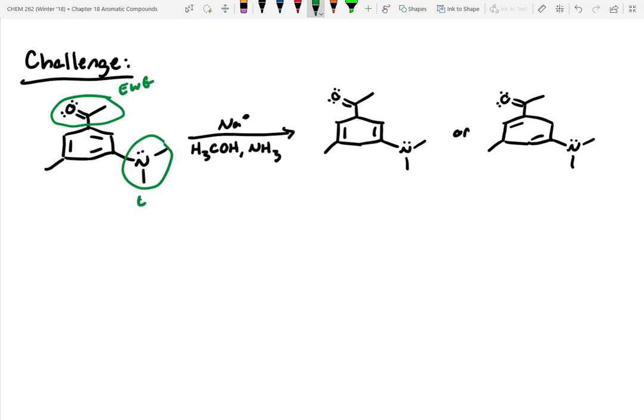Okay, so I'll write EDG for electron donating group. If we think about this carbon right here, on the top, does it want electrons? Yes, it wants electrons. And down here, this one does not want electrons, because it's already electron rich.